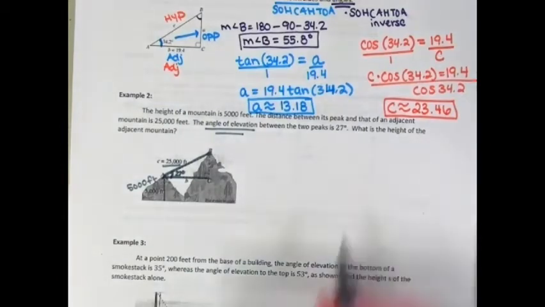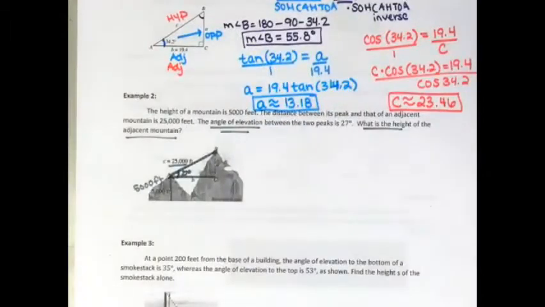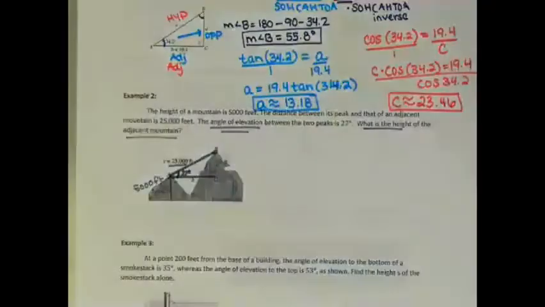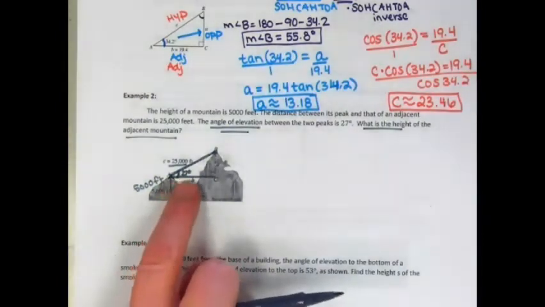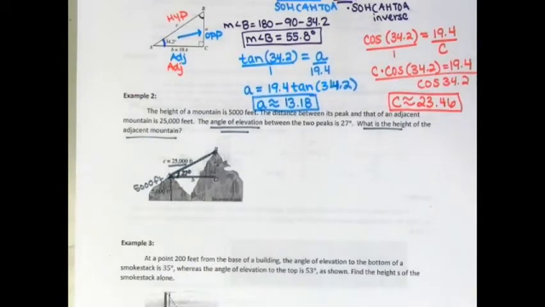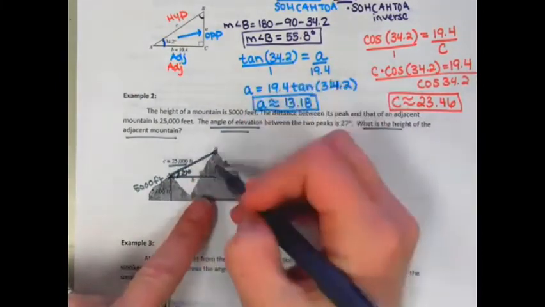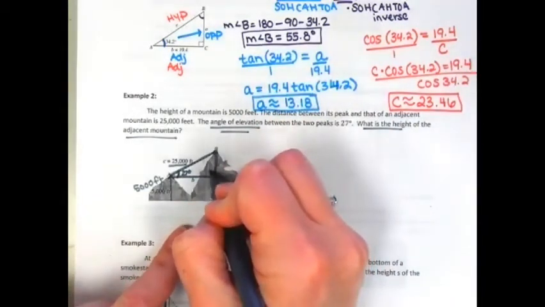Now, what is the height of the adjacent mountain? Now remember, this angle of elevation is from my horizontal line looking up to the peaks, right? Now, if I draw a line from peak B to C, I do form a right triangle.